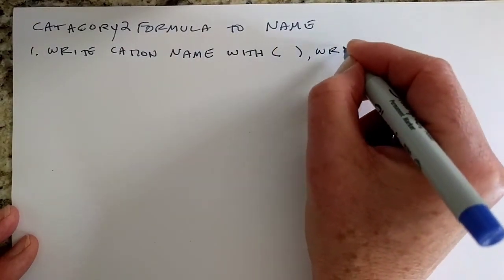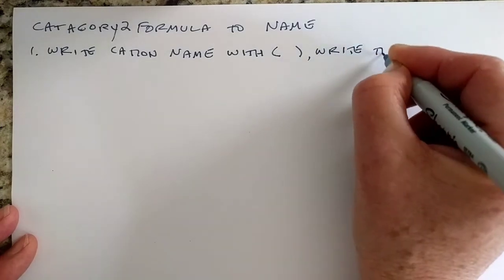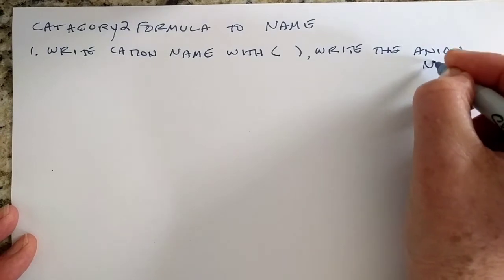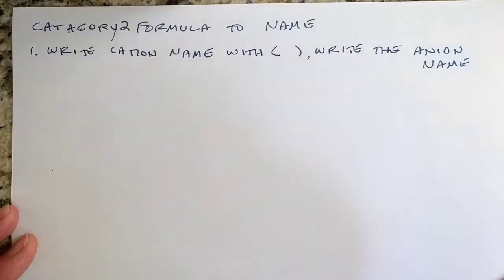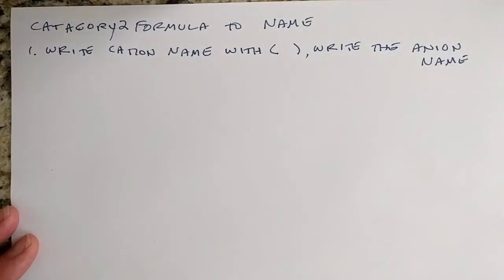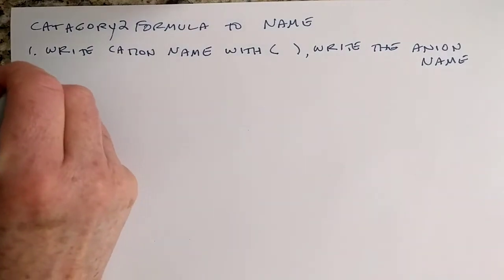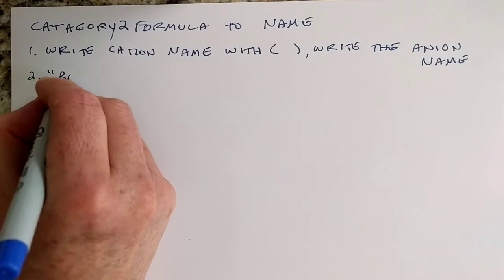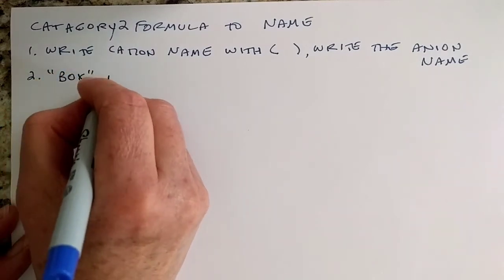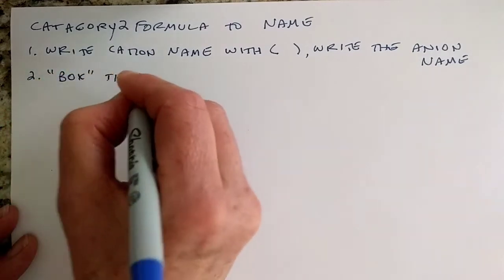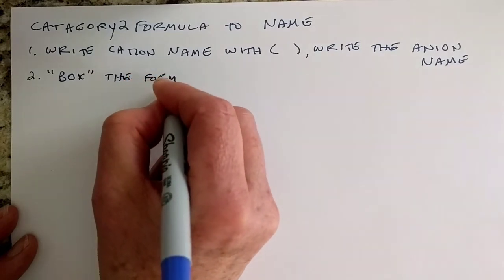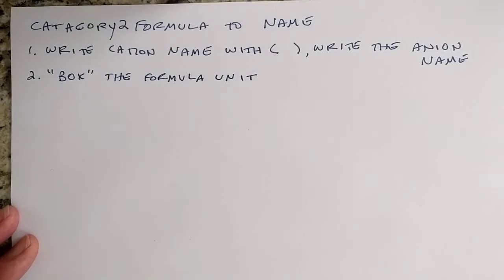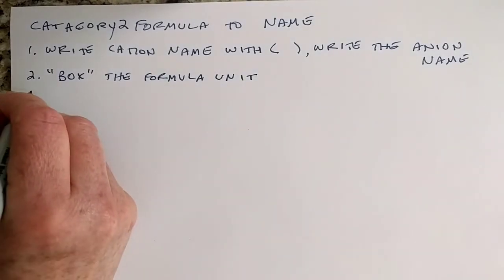Then you're going to write the anion name. Oh, you know what? Maybe I'll give all the rules and then do an example because I used up all the page. Number 2, we're going to box the formula unit. Okay, and I'll do an example where I'll explain exactly what I mean by that.